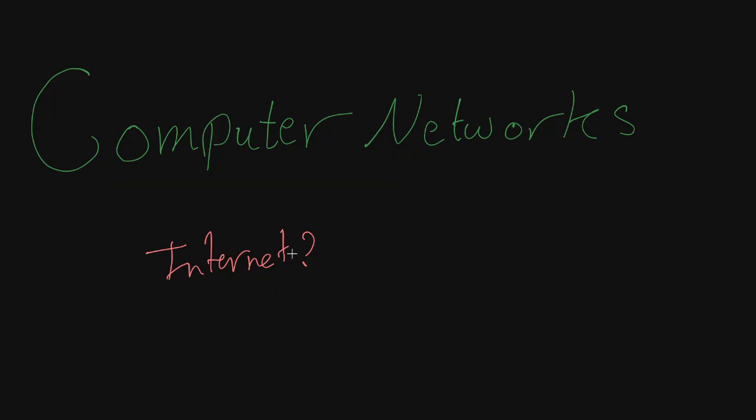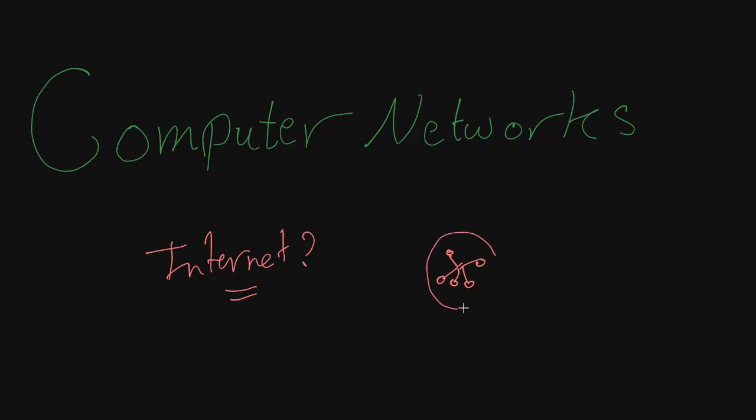The internet is usually defined as the computer network that interconnects hundreds or even millions of computing devices throughout the world. So the internet is a network connected to another network. Let's say this is a network, some things are connected to each other.